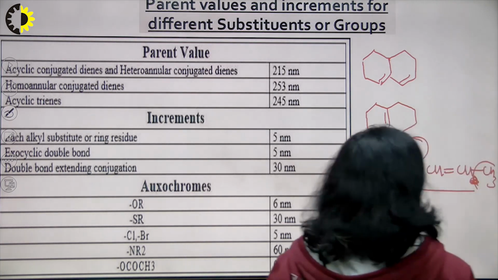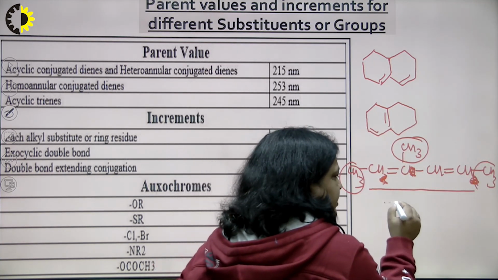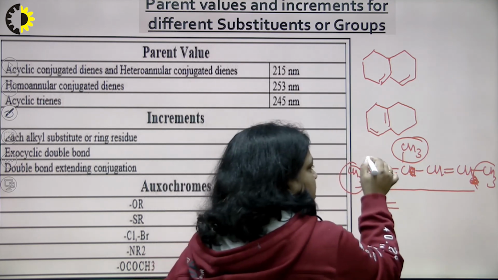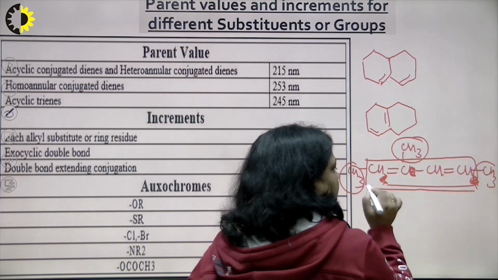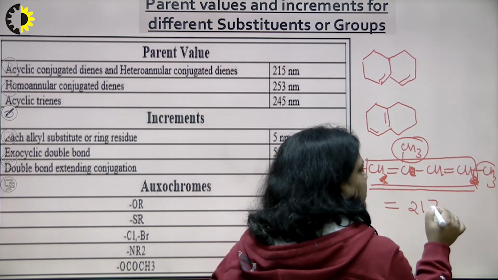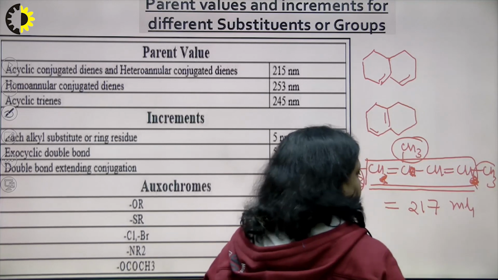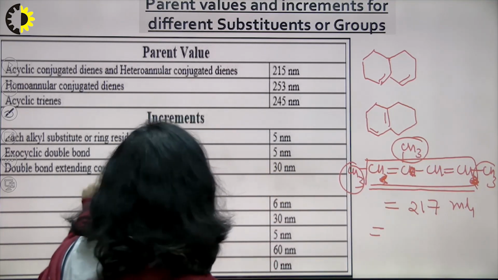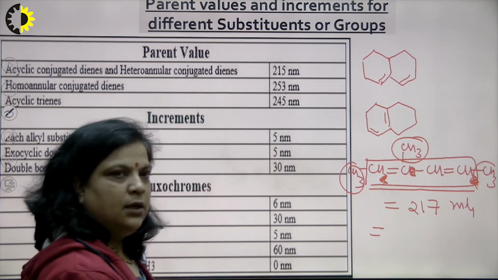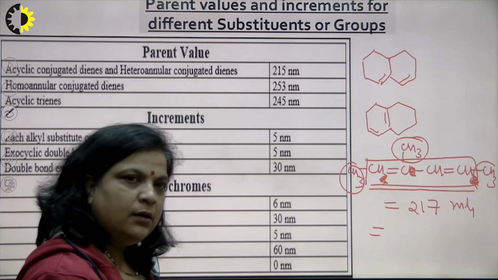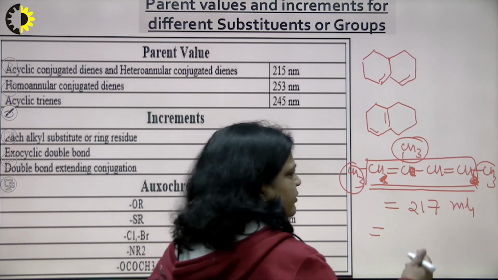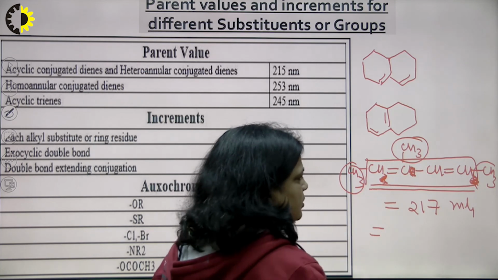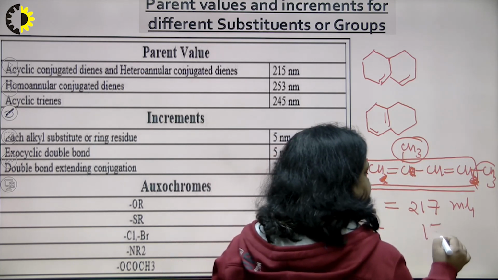So here, the calculated lambda max will be first the lambda max value of the parent, and the parent molecule is butadiene, and its value is 217 millimicron. Now, there are three methyl groups, and each alkyl group contributes 5 nanometer, or millimicron, we can write. So there are three methyl groups, so 3 into 5, which is 15.